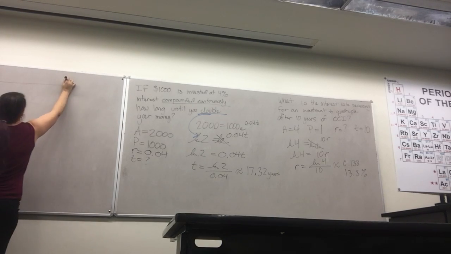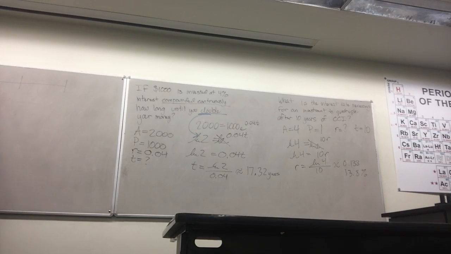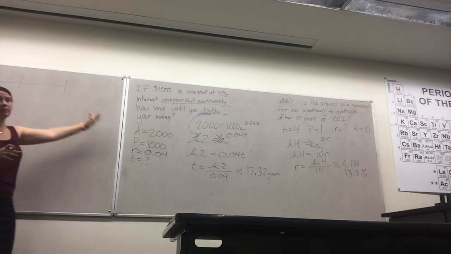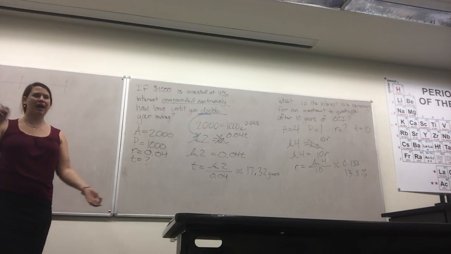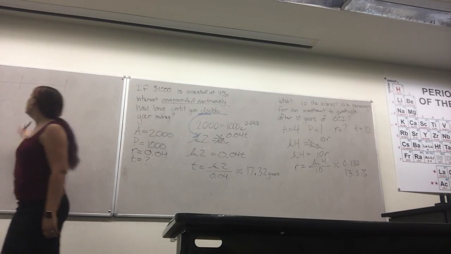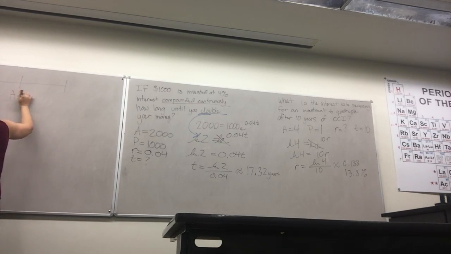Literally, it's just this. So t equals 0, in this case 2011, it does not hurt to label, is the initial of 10, right? This is a way to sort your information out, and you see exactly what you have and what you don't have. The next piece is A, when t is equal to 4.